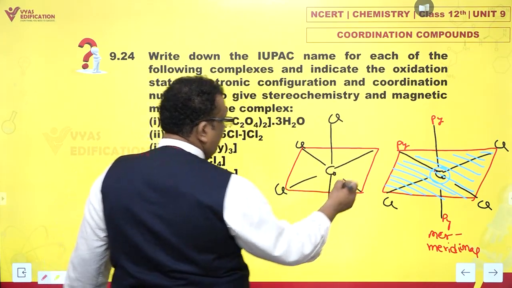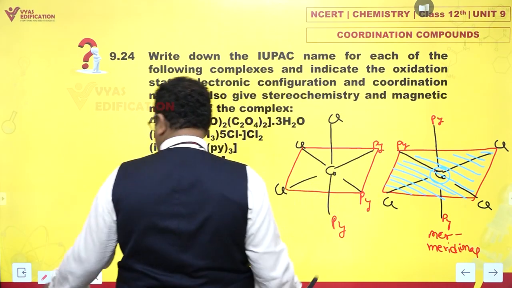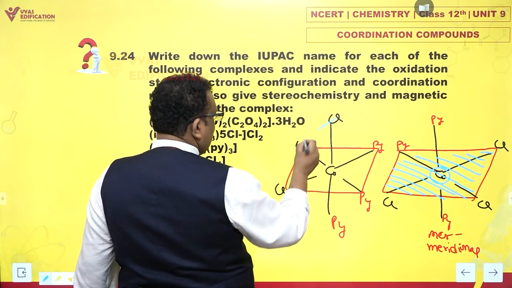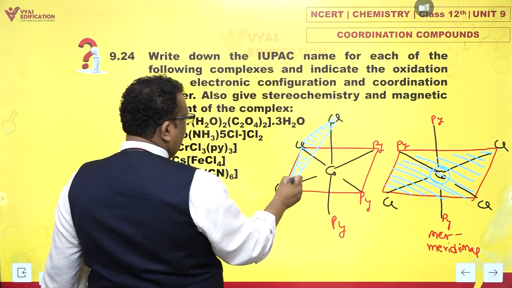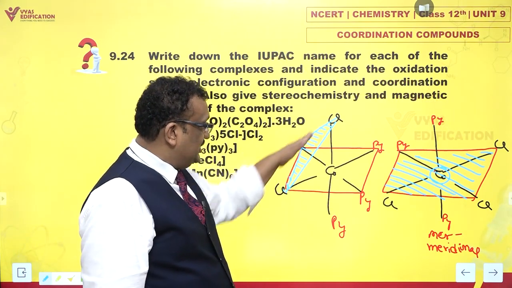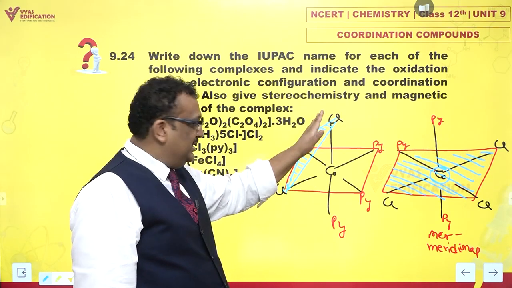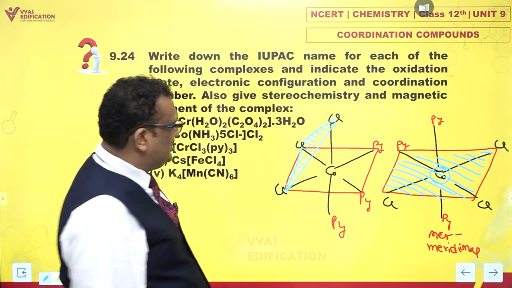On the other hand, if I have pyridine like this, and I choose to join a plane made by these three Cl atoms, I do get a plane, but that plane does not pass through the central atom. It is just one of the faces of the octahedron.